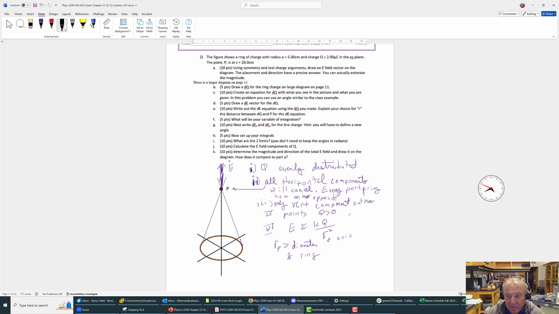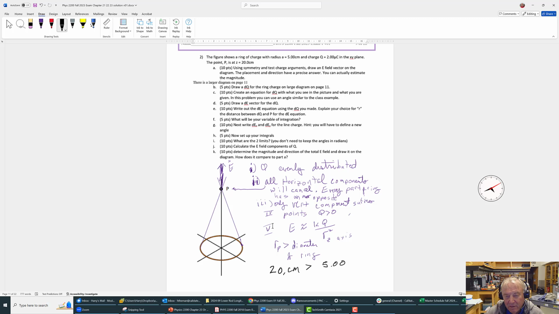So I see it right here. The z-coordinate, 20 centimeters, is greater than 5 centimeters, the radius.